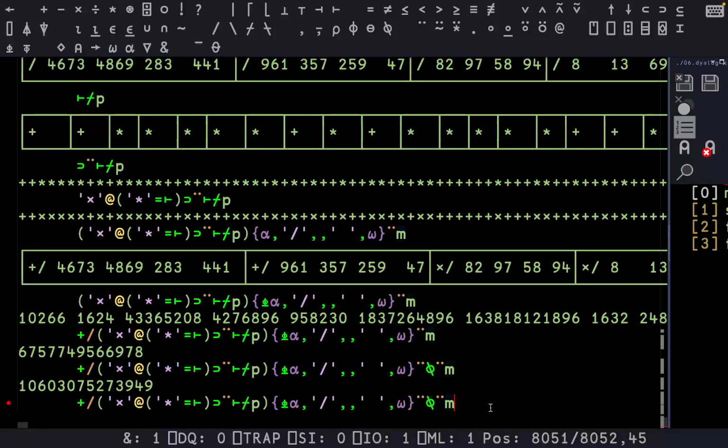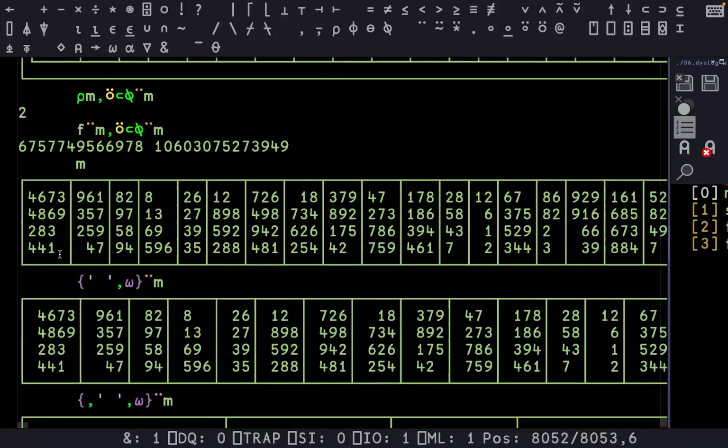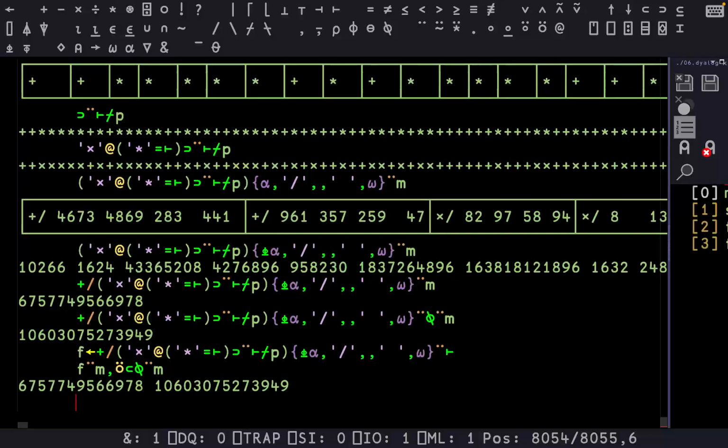So if we clean this up a little bit, this will be a right tack here, I think. Yep, and then f. And now if we do the same line that we did previously to do part 1 and part 2, we should get the same answers.